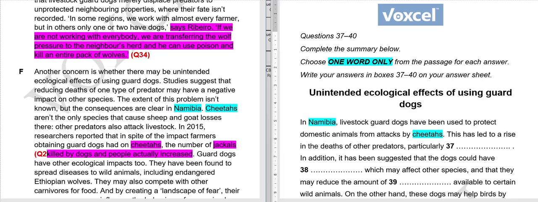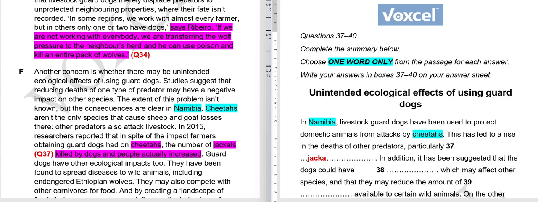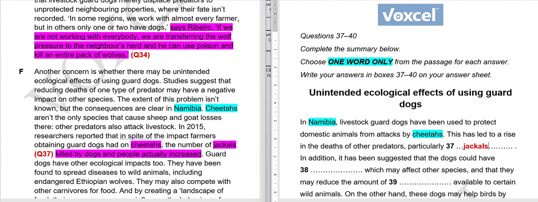question number 37. So, I hope you would have been able to find the answer. So let me write here. In addition, it has been suggested that the dogs could have dash which may affect other species and that they may reduce the amount of dash.